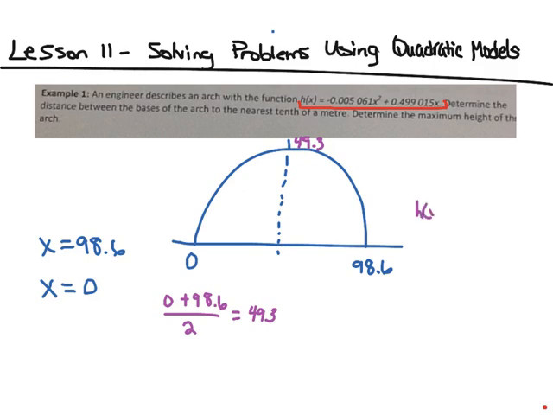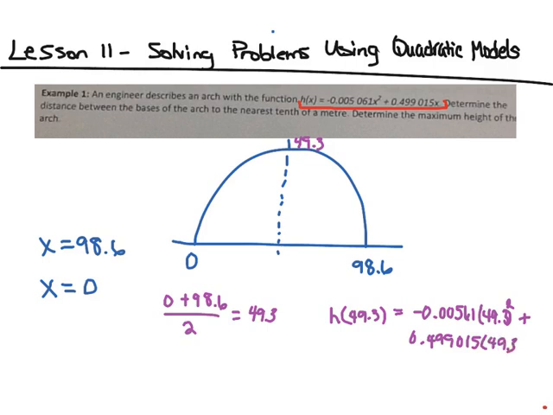So the height of 49.3 is equal to negative 0.005061 times 49.3 squared plus 0.499015 times 49.3.